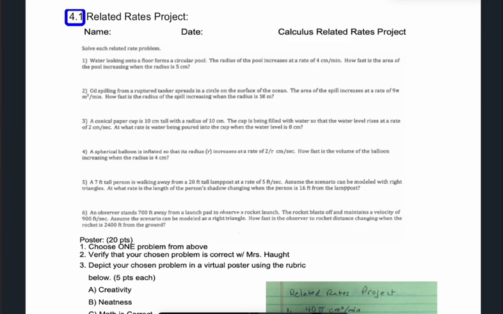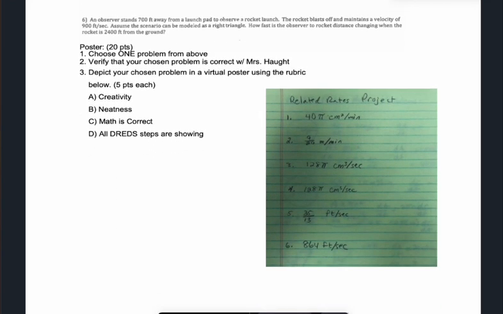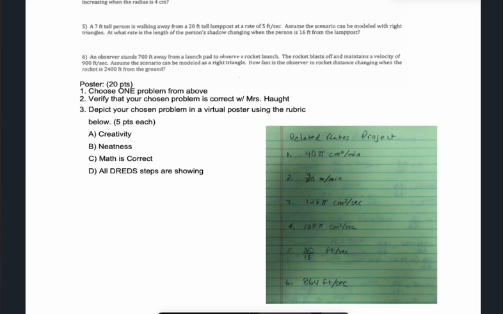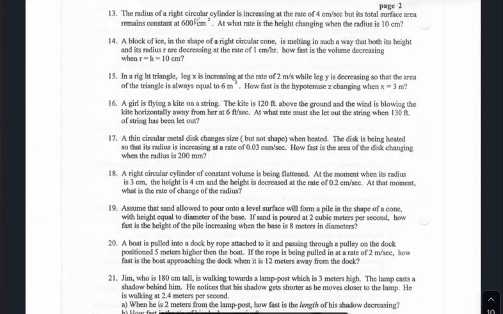More of a virtual poster, like you're going to create a poster in Notability or, if you have some other tool, to create a poster. The rubric is there. If you recall, last year we did the posters for trig, similar idea. So that's basically what we're going to work on for probably a little bit into next week as well.